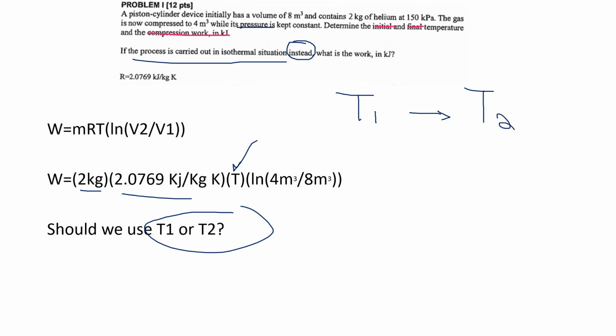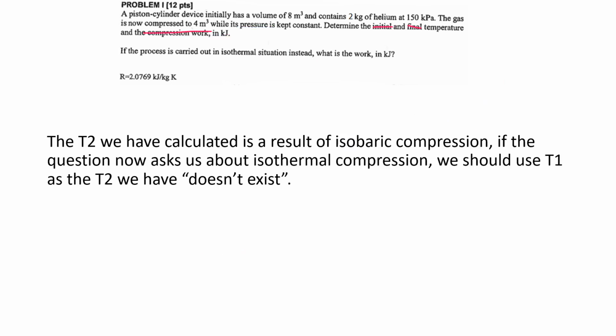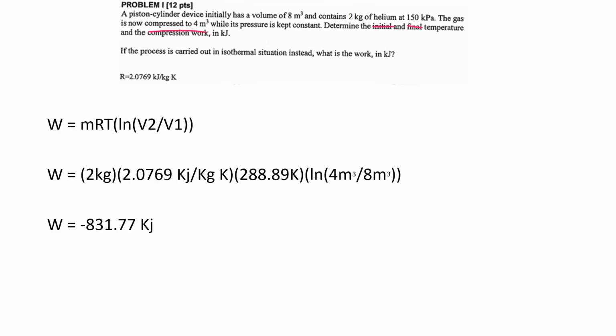If instead we're doing this isothermally, T2 doesn't exist because we haven't done that process yet. Therefore, the only option that we have left is T1. Yep, this is what I just explained. So once we plug in T1 here and we do all our math, we get a work output of minus 831.